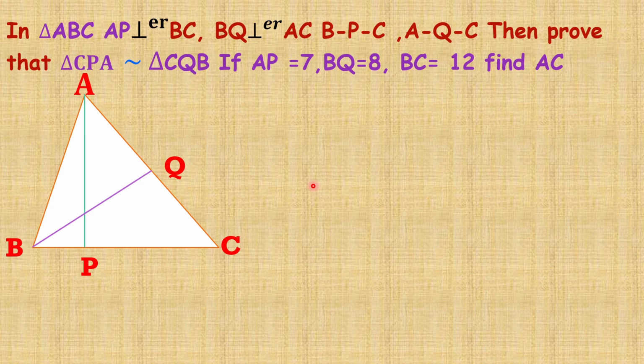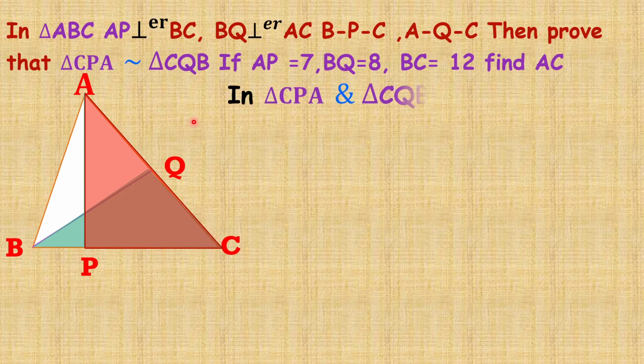Where is the triangle CPA? This is the triangle CPA, and this is the triangle CQB. In these triangles, this part is common. That means angle C is common for both triangles CPA and CQB. First, we take these two triangles CPA and CQB.